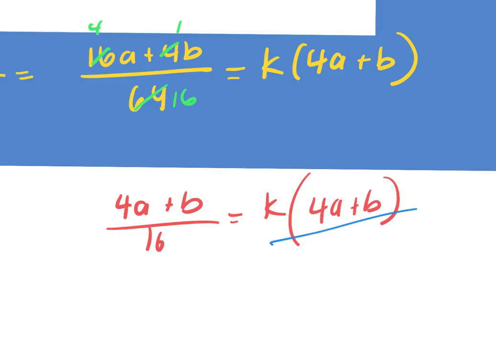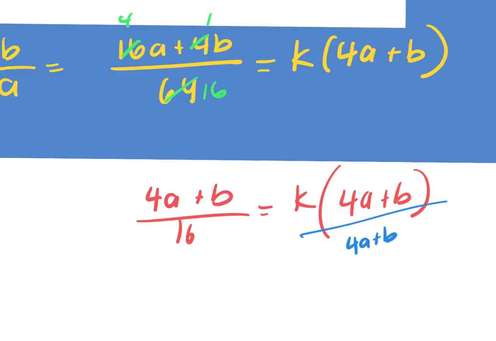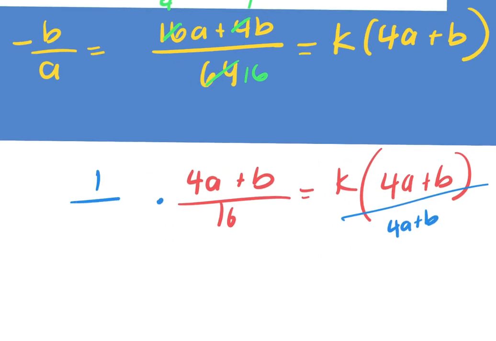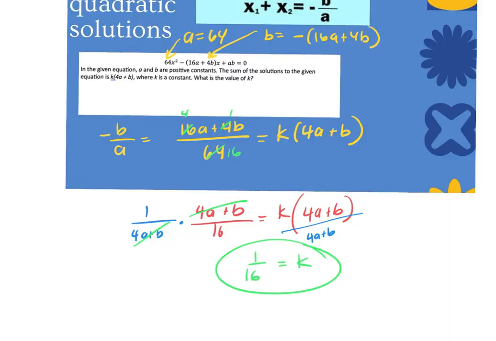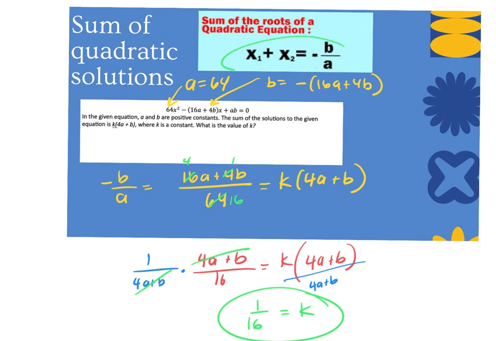Divide both sides by 4a plus b, and when I divide with a fraction, it's the same thing as multiplying by the reciprocal. And these cancel, and I get k equals 1 over 16. So it's a question that without that trick, I honestly don't know how you do it, okay? And that trick is not taught to you in any content. So negative b over a is the sum of the quadratic solutions.